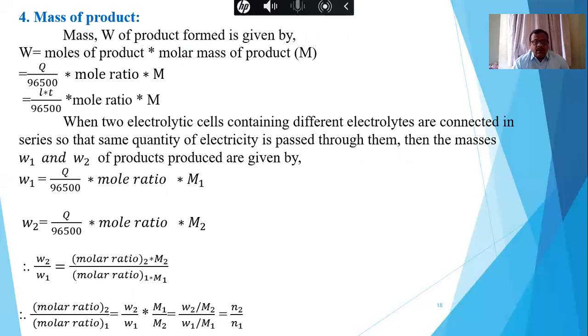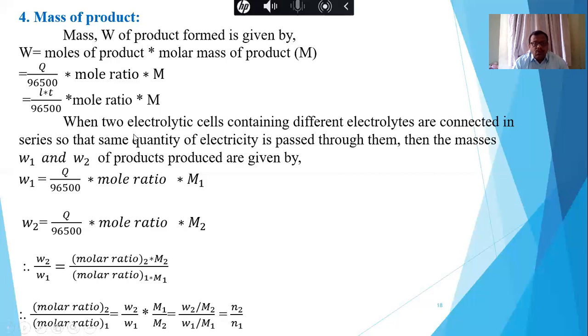Suppose W is the mass of product formed, and this is given by W equal to moles of product into molar mass of product, M. Therefore, the mass of product is equal to Q upon 96500 into mole ratio into M. Again, which is equal to I into T upon 96500 into mole ratio into M.